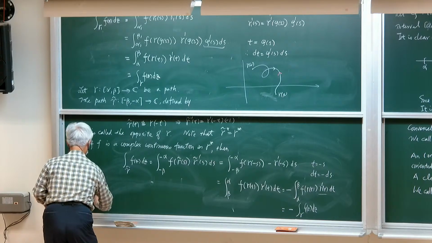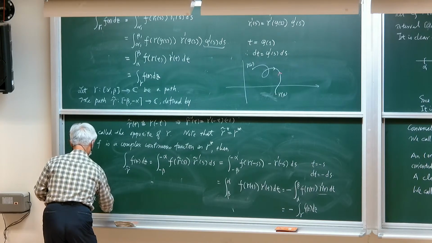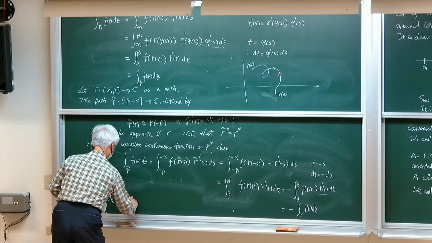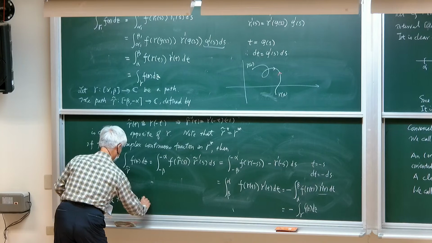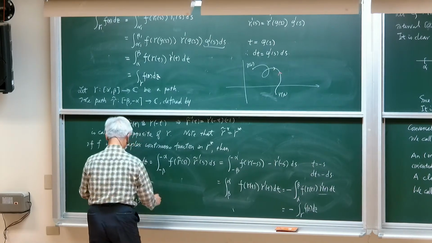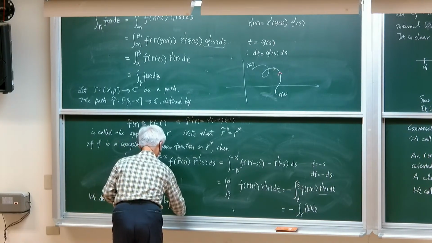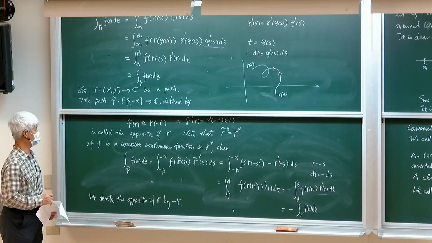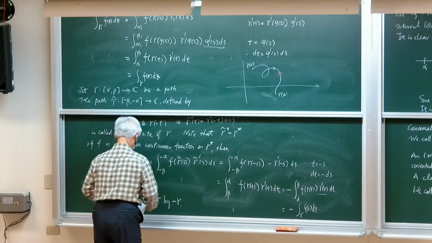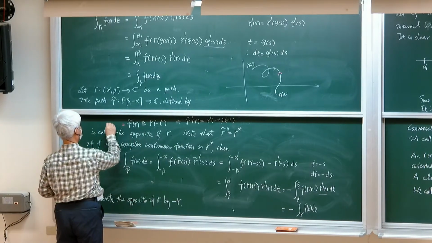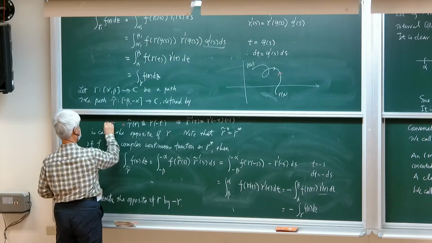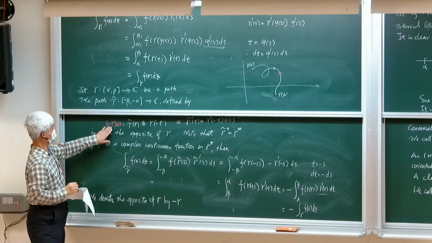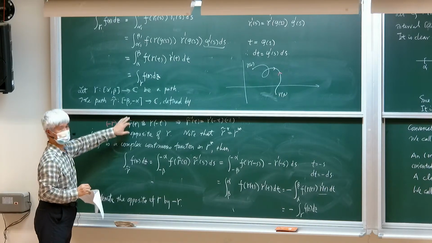So for convenience, we denote the opposite of gamma by minus gamma. Minus gamma is used to denote the tilde here.